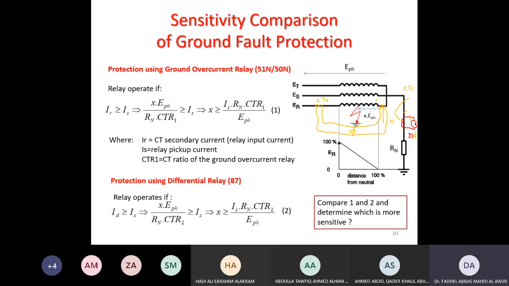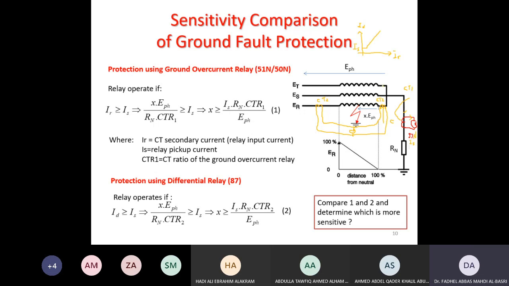In this case, same as this CT2, because this is the same ratio. So CT1 now, what will be the current? Let's call this I setting of both. For the differential, I'm assuming this is the minimum pickup setting, I differential versus I restraint, and my setting also IS.